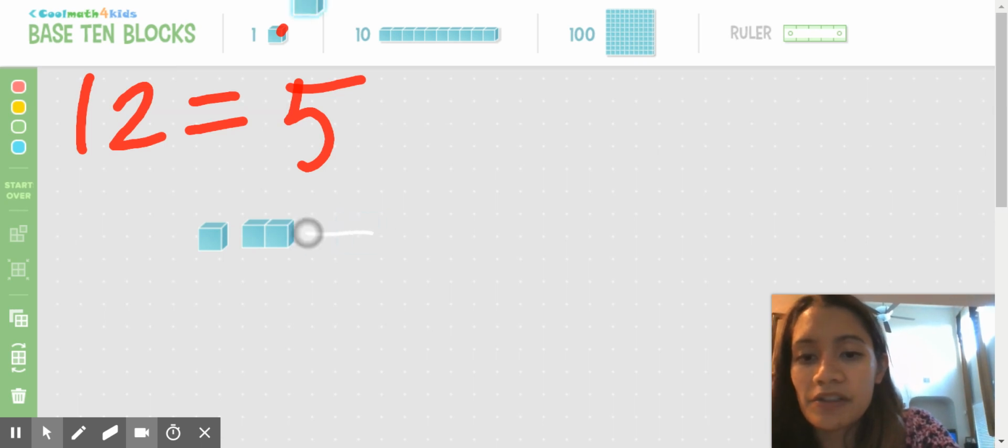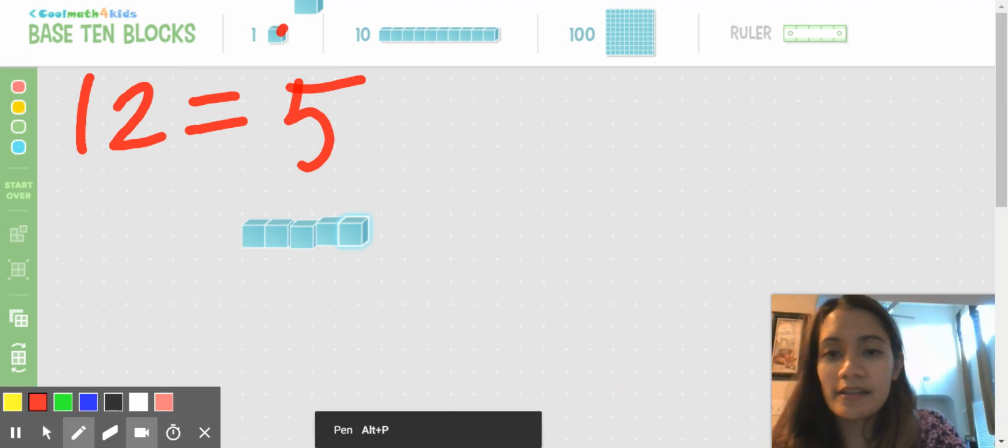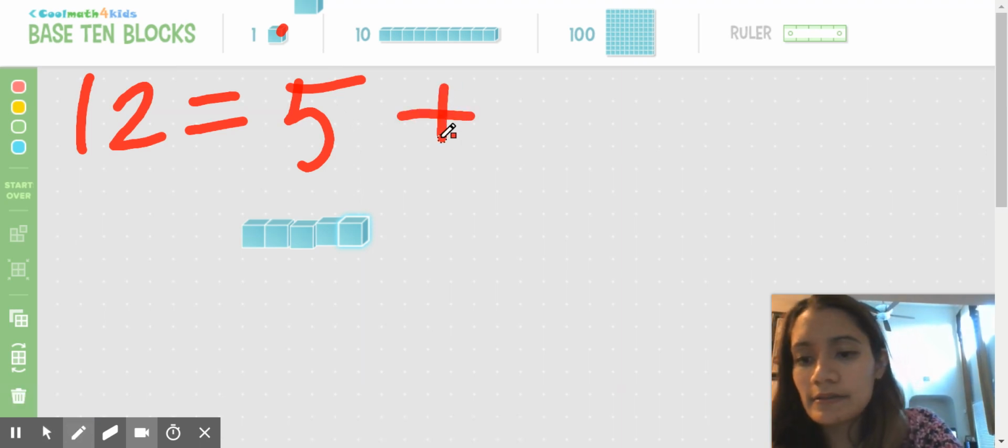And then I can put them together. 5 ones. And I could also add another 5 ones.